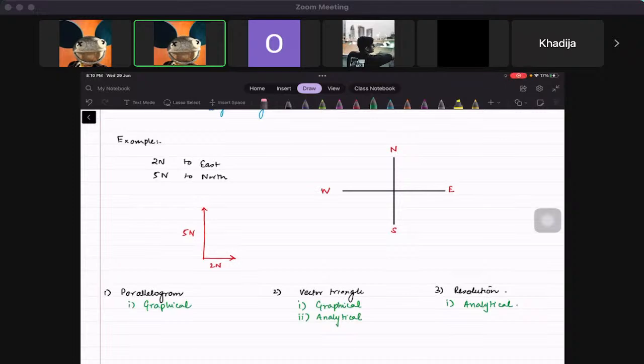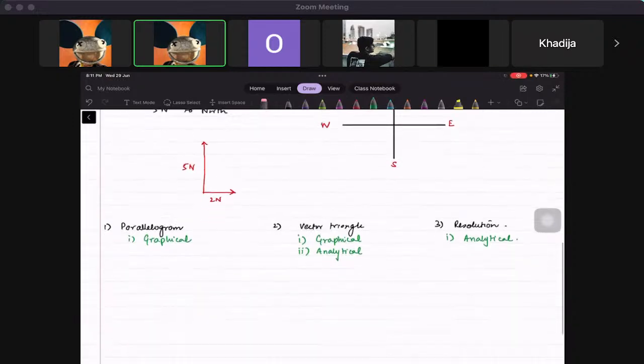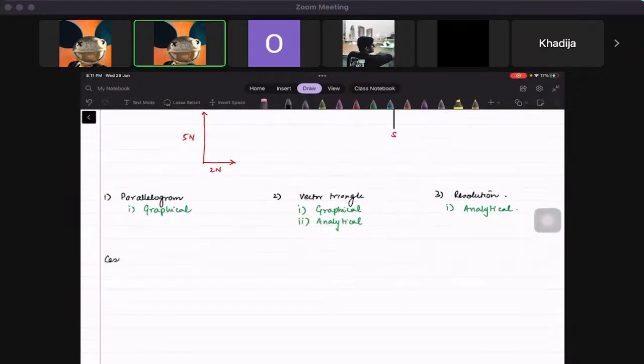Interesting. Now, first we are going to learn about general vectors, and then we are going to learn how to use their variations, right? So let's talk about case 1 only.